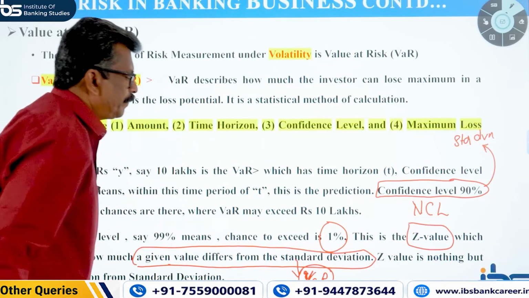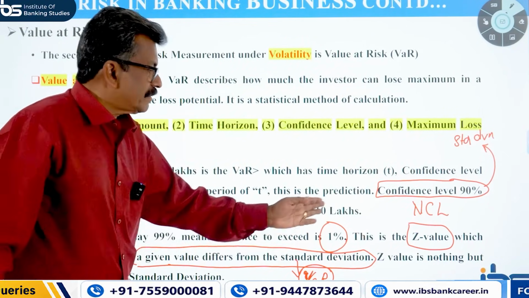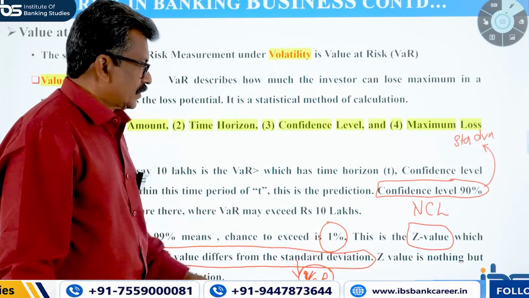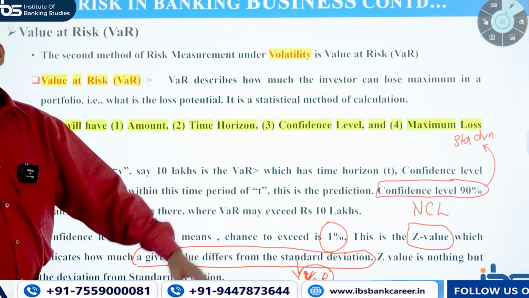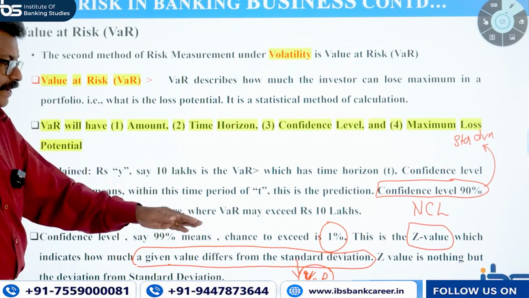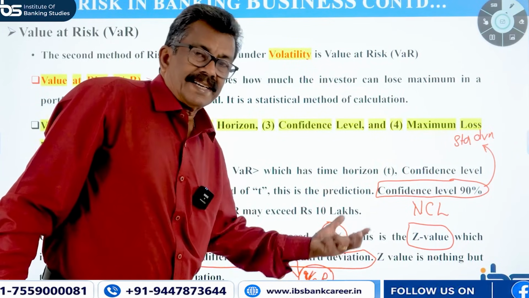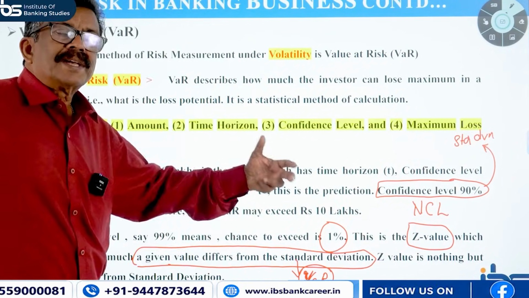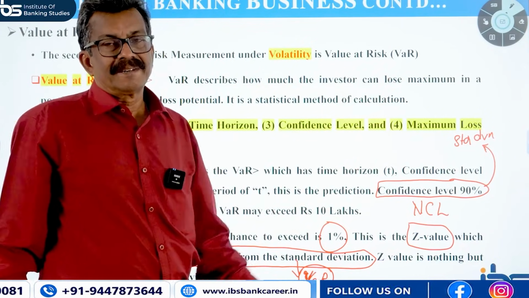So, what is above VaR? That is the non-confidence, which is called the Z value. So, the Z value is nothing but the deviation from the standard deviation. What is above the VaR? 90% is the confidence level, that is the standard deviation. Above that, 10% is the non-confidence, that is the Z value.